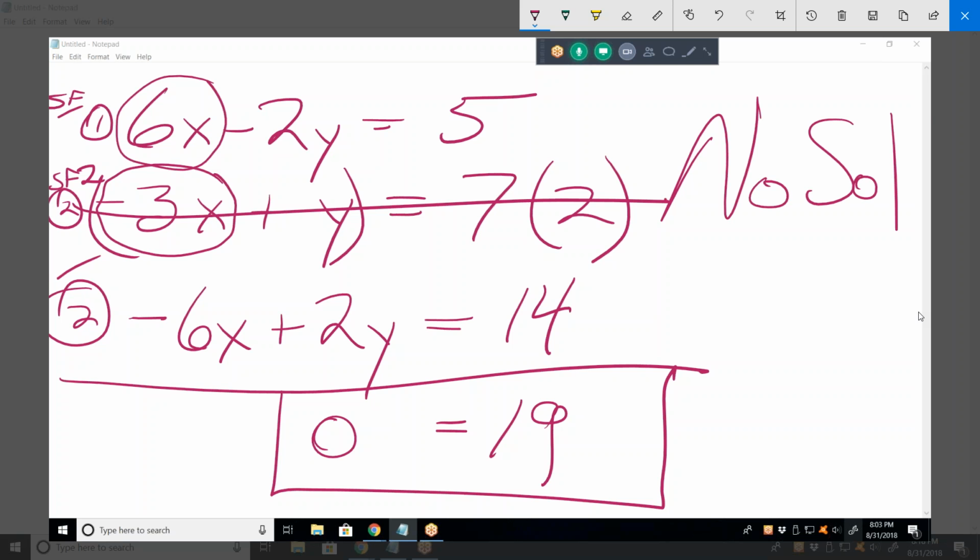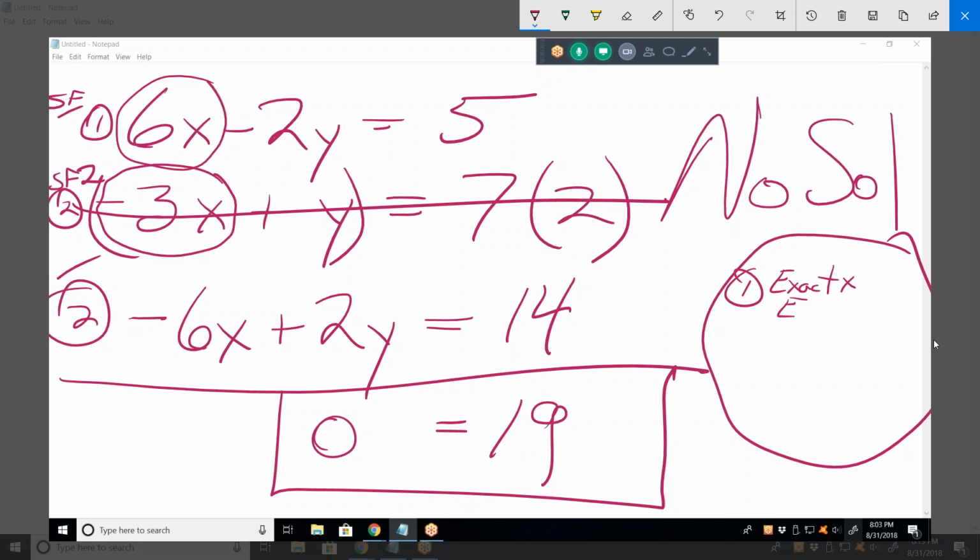You actually have 3 possibilities when you're looking at a system of equations, okay? You have 1 exact x and exact y, and that's usually what you get. You get a y value and an x value.